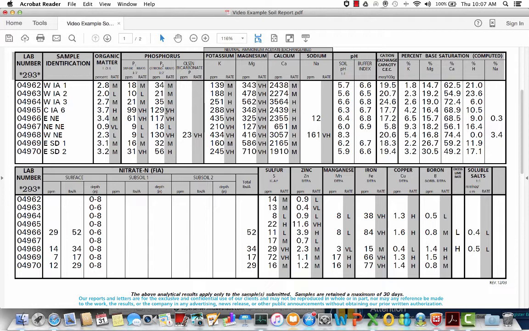It would probably make sense to take the average of the samples around it in a grid sample scenario and replace these numbers with an average number for those values, or maybe the highest number of the values right around it. So that's where the art kind of comes in and takes over from the science a little bit. So it might be something you want to, if you're a grower, talk through with your agronomist.